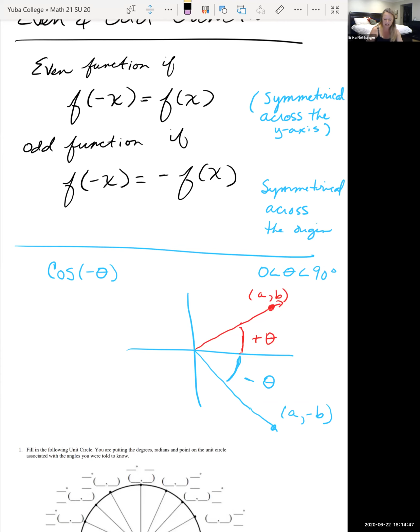So notice that cosine of negative theta is equal to A, and cosine of positive theta is equal to A. So we can say then that cosine of negative theta is equal to cosine of positive theta. And cosine is an even function.